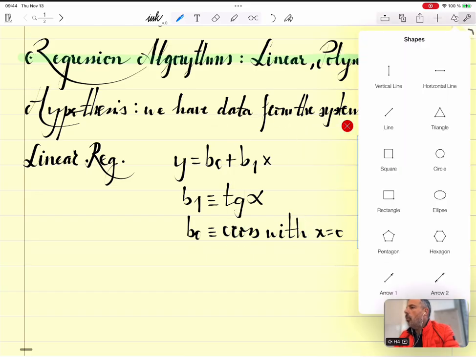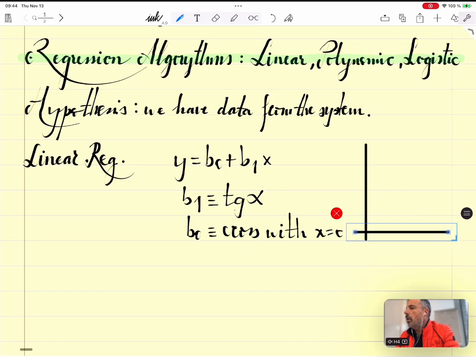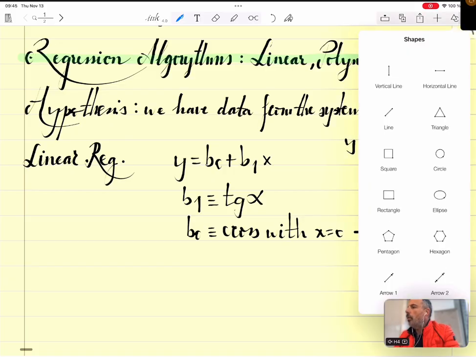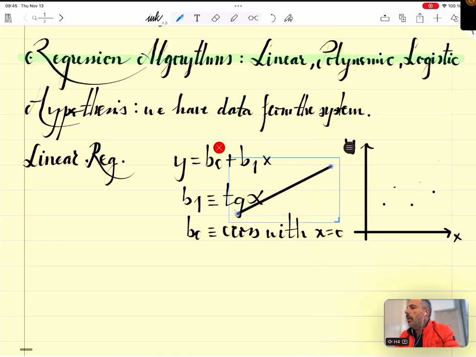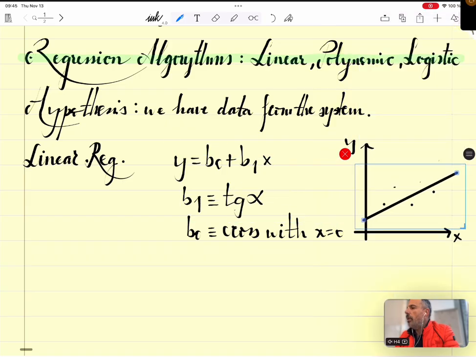Okay, so in general, if we have two axes here, and we have some data, we want to predict what is the equation of this line. The equation of this line is going to be something like that.